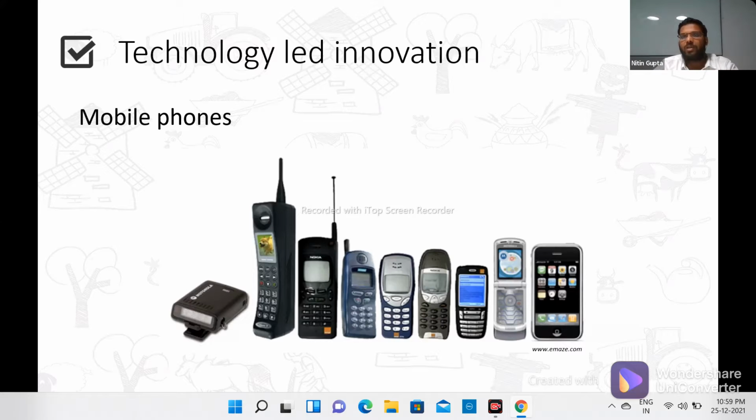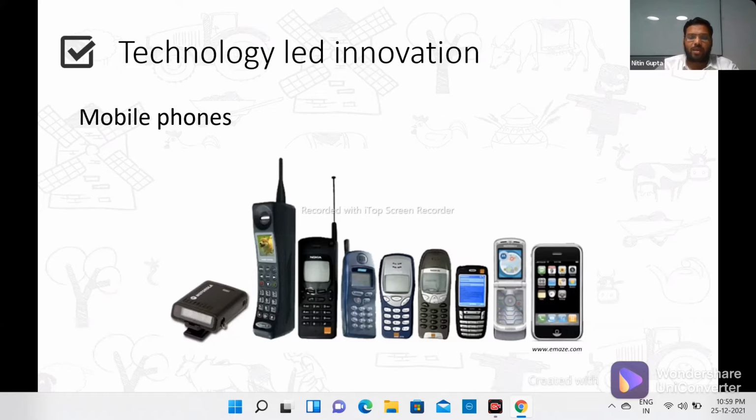And now ultimately we settled on the bar phones. It is a pure bar, nothing else. So whatever we have done in between was not required, and that is why it does not exist today. Even today we have phones which can be bent, folding phones, right? I don't know how much we need it, and we need to see with time whether they are going to stay or not.